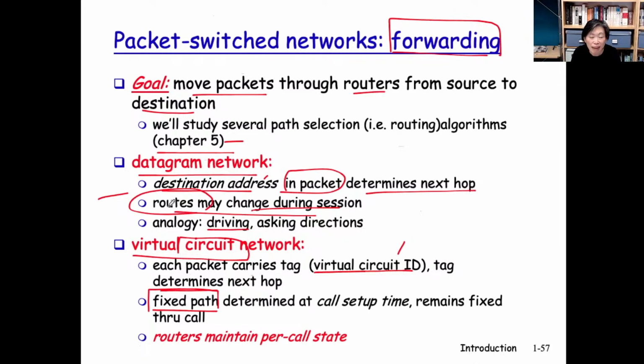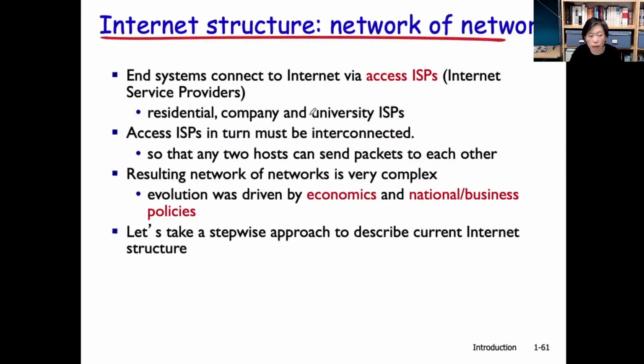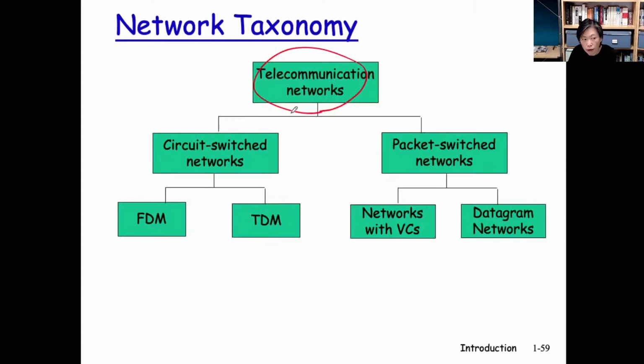So, to sum everything up, this is the general communication network, with two different flavors depending on which philosophy we use to design the core of the network. If we go for a circuit core, it's called a circuit switch network. If we go for a packet-centric core, it's a packet switch network.